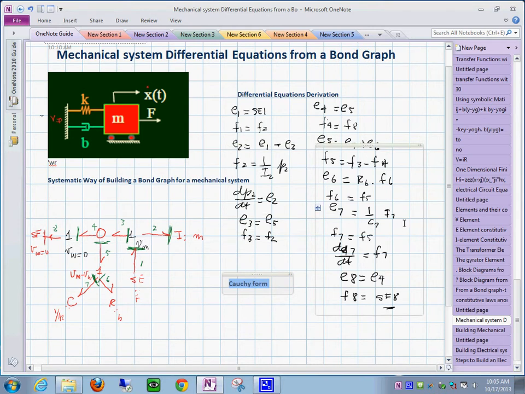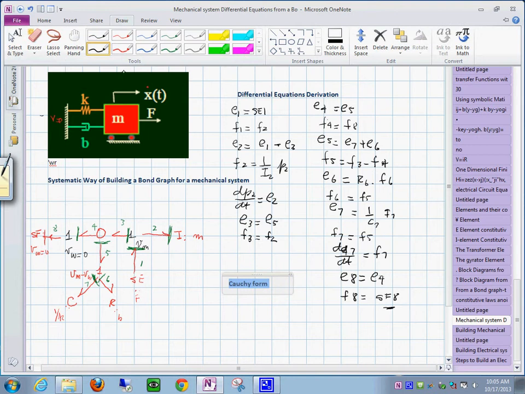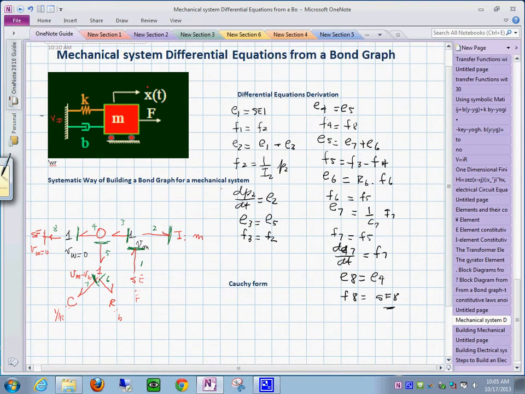Now, you see, when you have gotten to this point, take a look at this. This one in here plus this other one in here, these are the differential equations of the system.